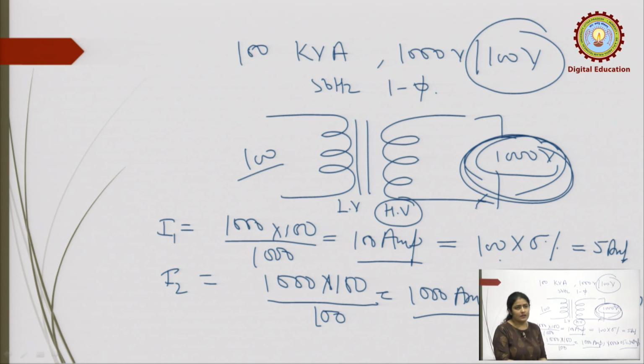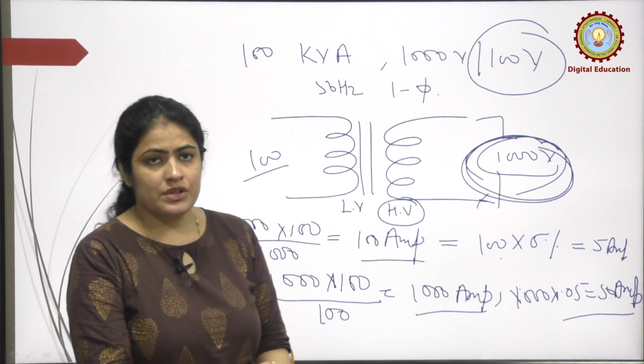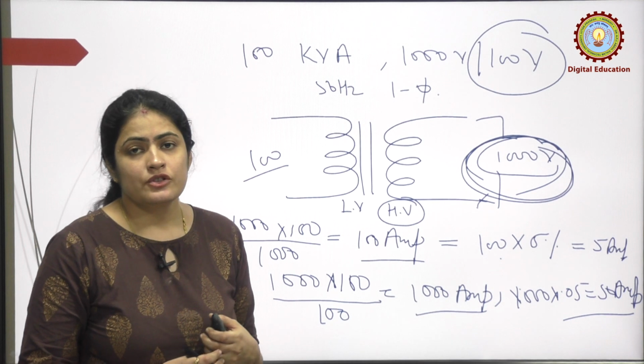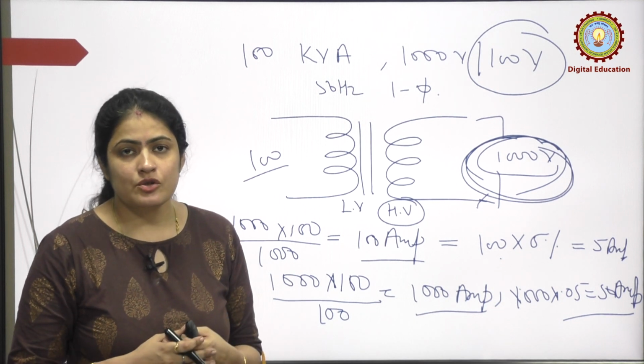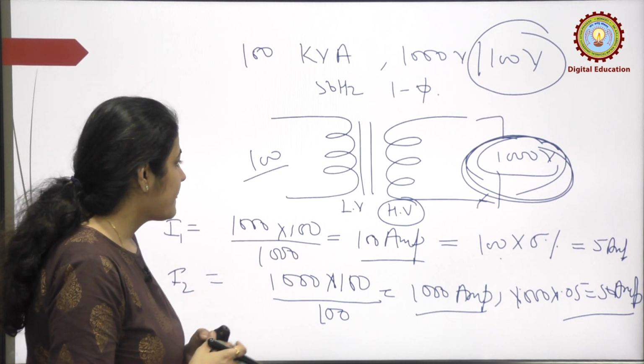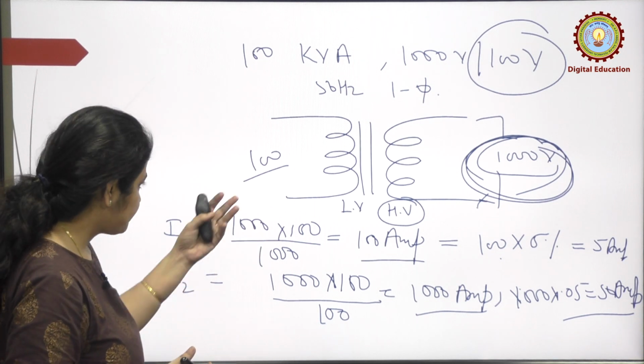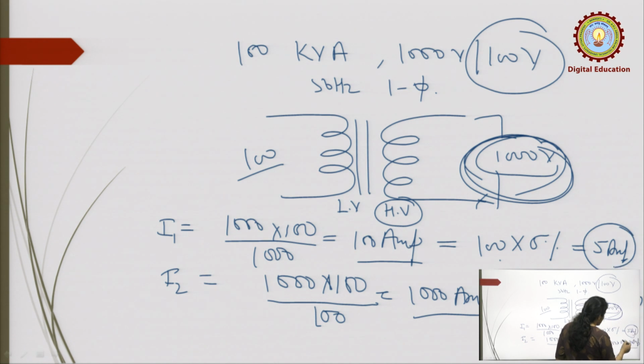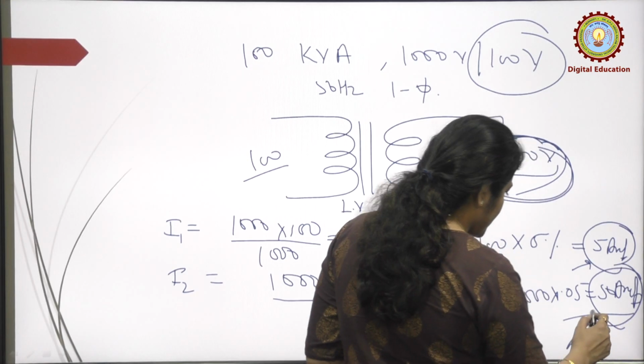The second thing is the precaution. Precautions must be taken, because 1000 volt is very high. Okay, this is the reason. And at no load, either 5 ampere or 50 ampere is flowing.